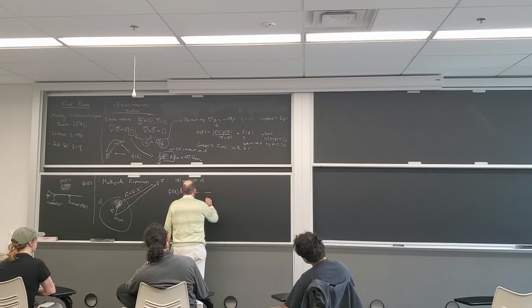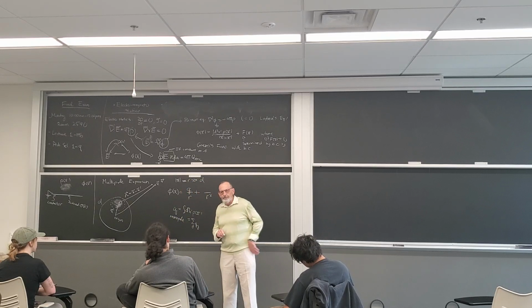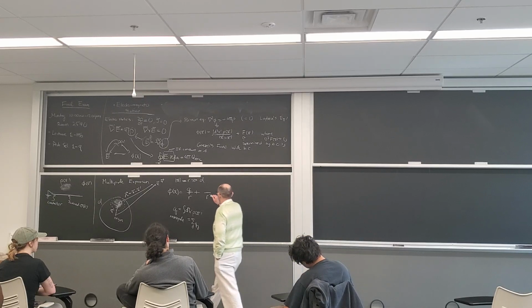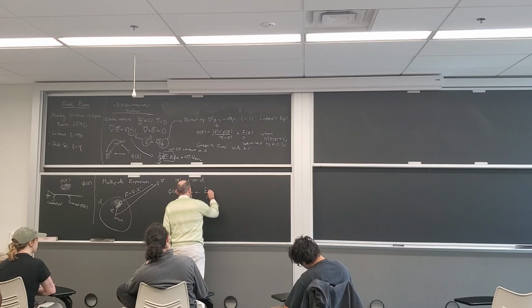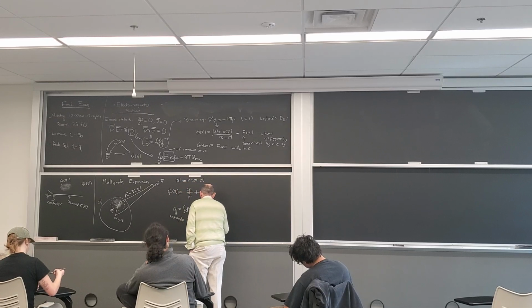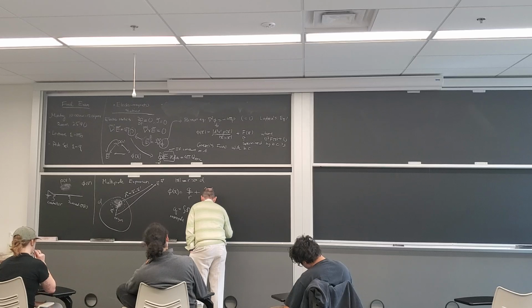And it depends on the electric dipole, which is a vector, right? So what is the potential? p dot r hat. And p is the electric dipole moment, which is a vector.